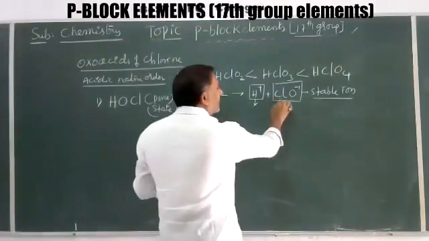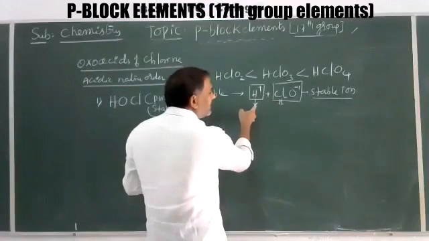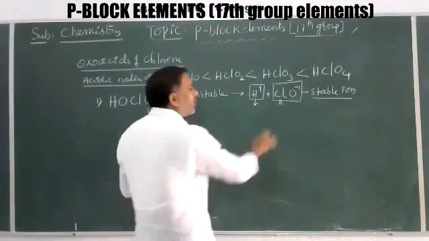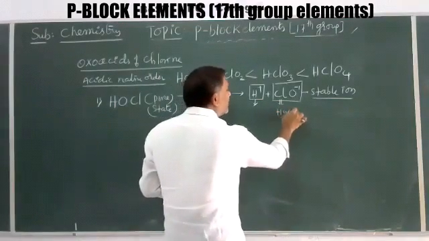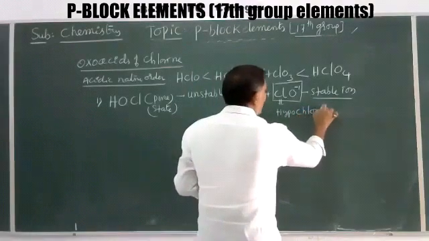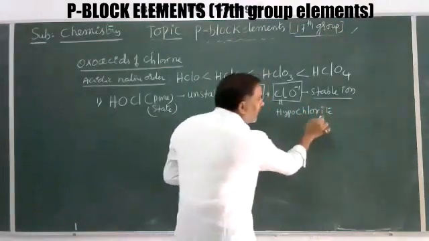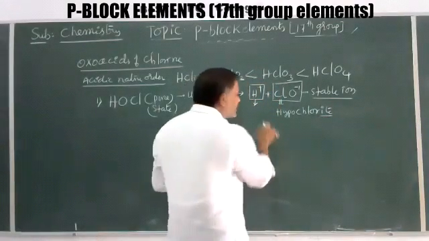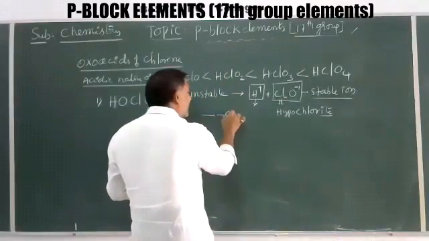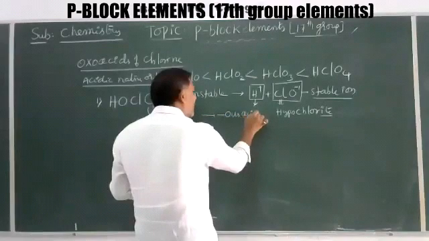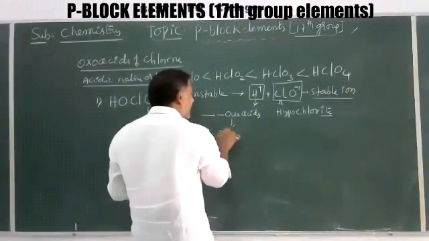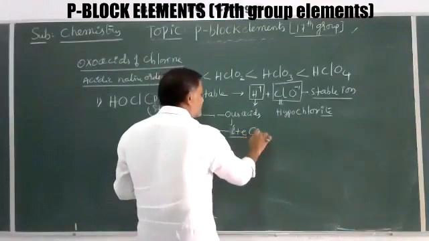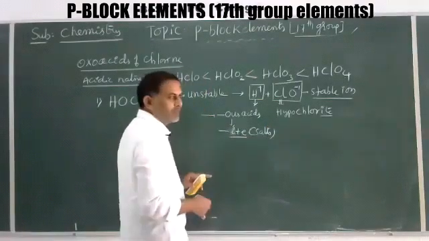HClO is an acid, hypochlorous acid. Now this is called hypochlorite. For ous acids we will get ite, for ic acids we will get ate. So for ous acids we will get ite salts.